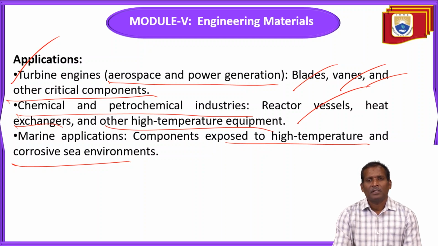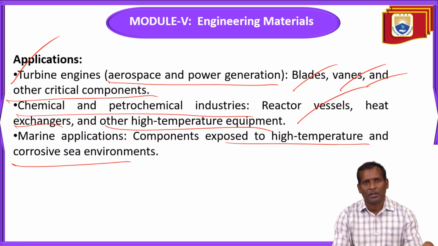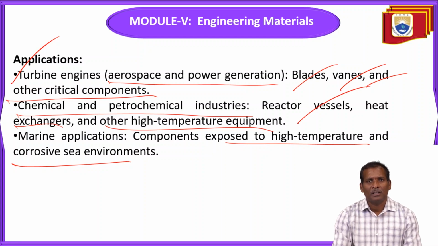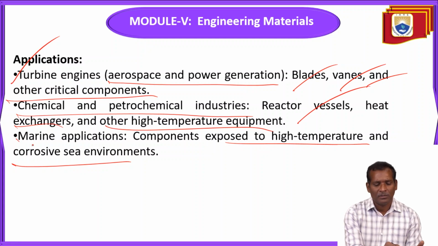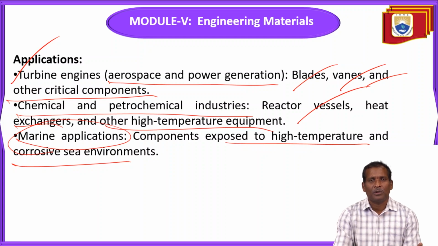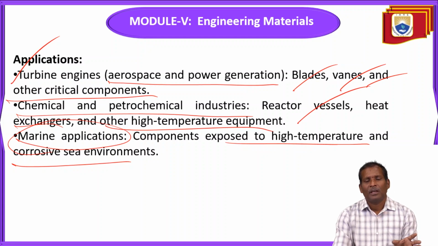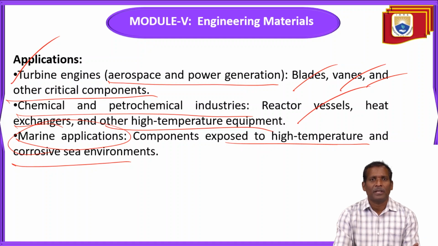That's why before designing or manufacturing, the selection of material is very important. Already we have discussed in earlier sessions. Based on the application, you should select the material. If your design product is a marine application, the component should have good characteristics and properties to withstand sea environment conditions.